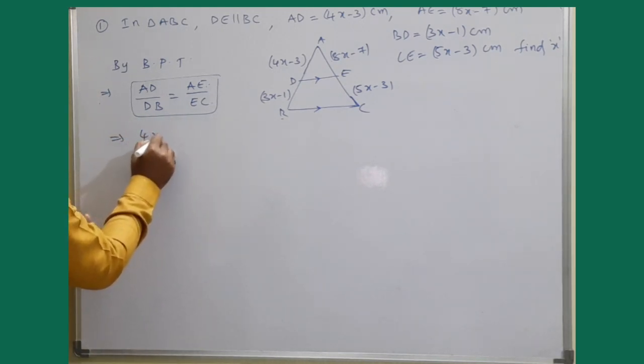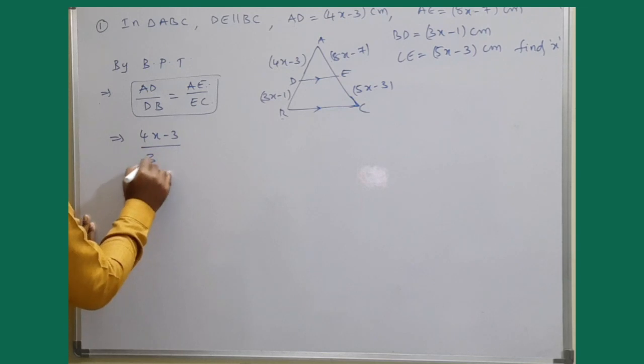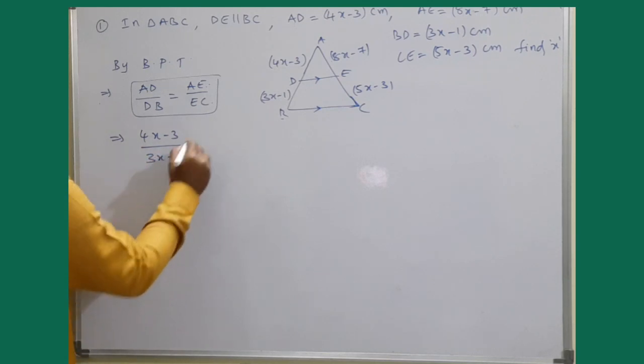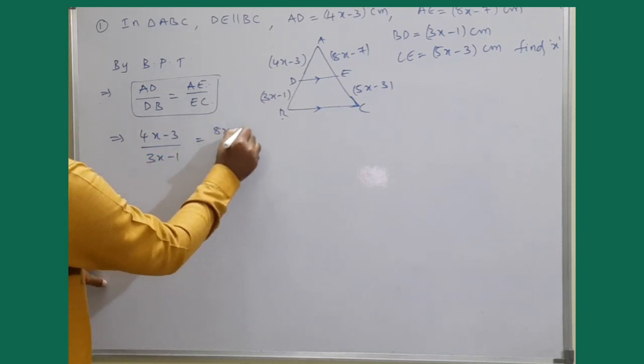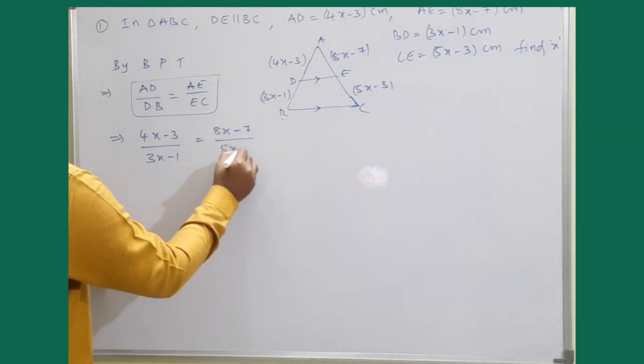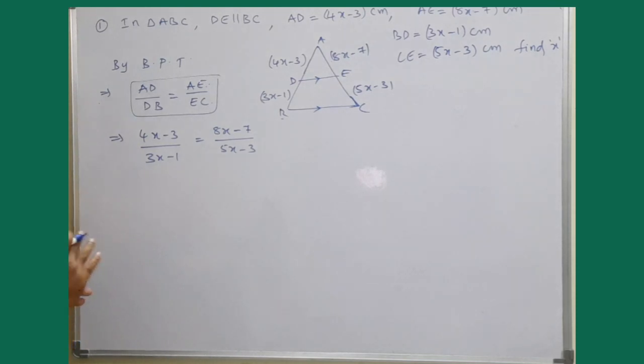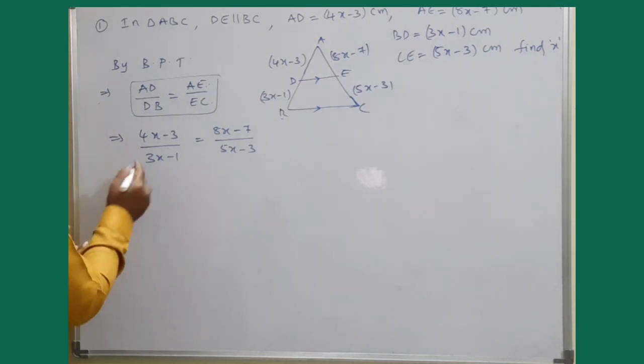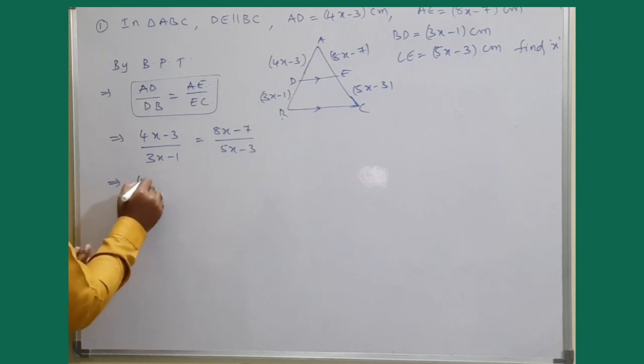So substitute 4x minus 3 by 3x minus 1, which is equals to 8x minus 7 by 5x minus 3. Okay, so better cross multiplication.